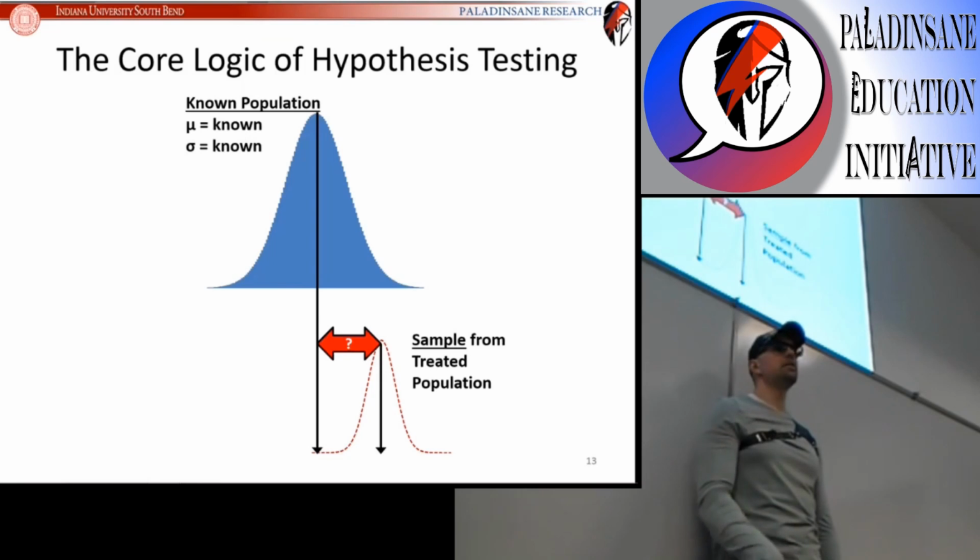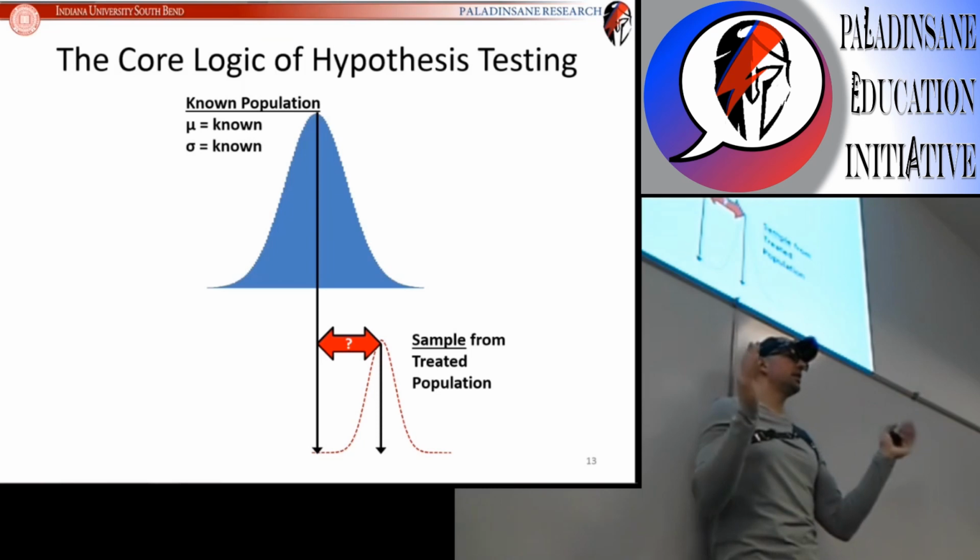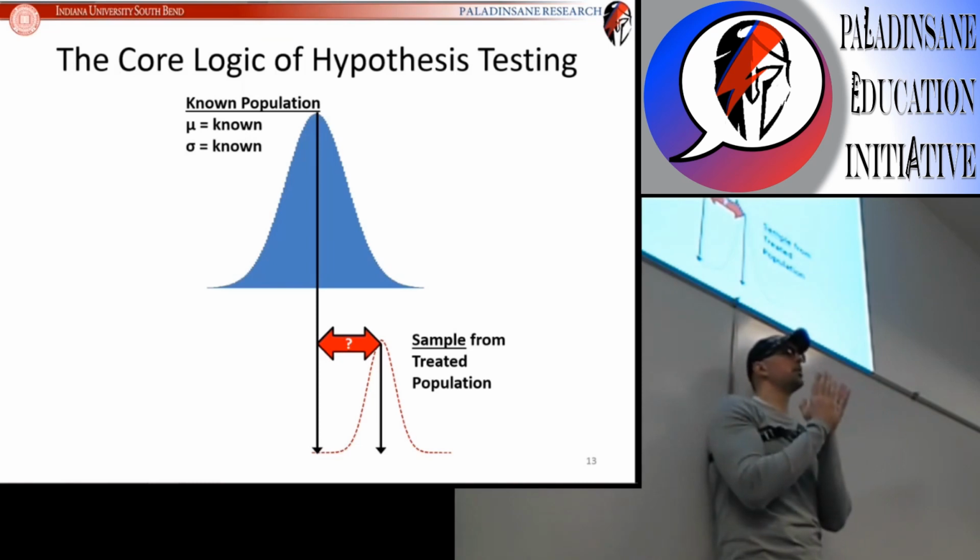Does that difference mean that this sample does not belong to the known population? Is it big enough to indicate that this sample no longer belongs to the known population, or is it small enough to suggest that it still belongs to the known population?